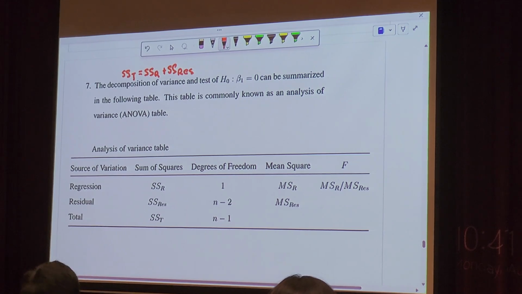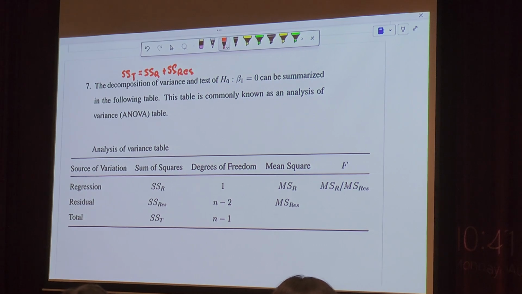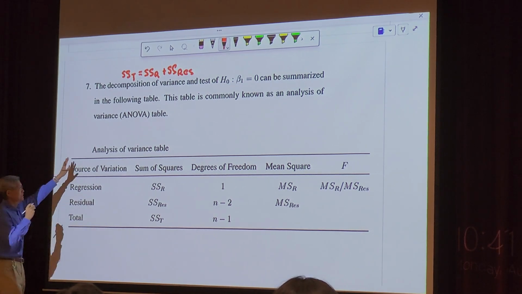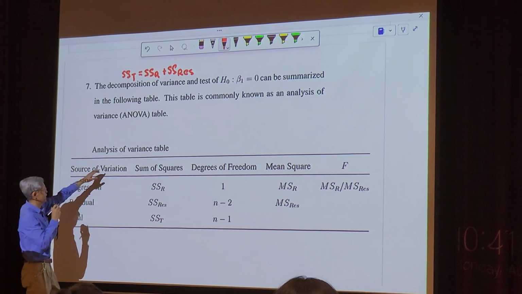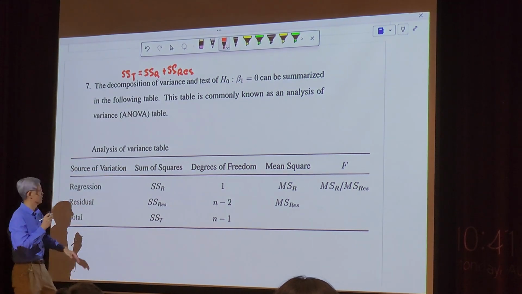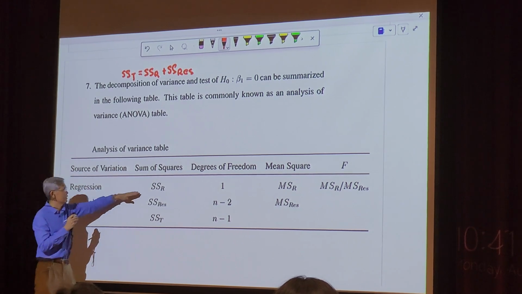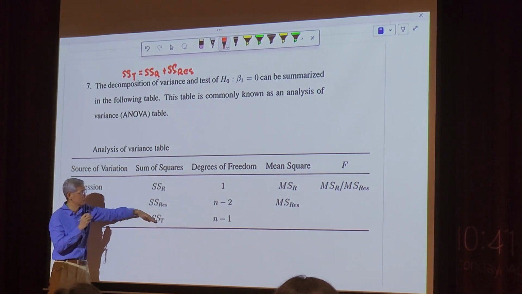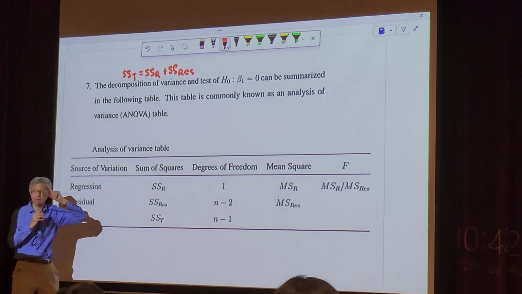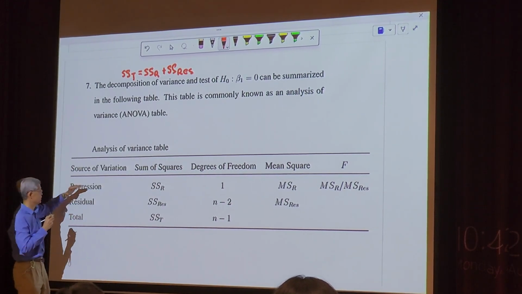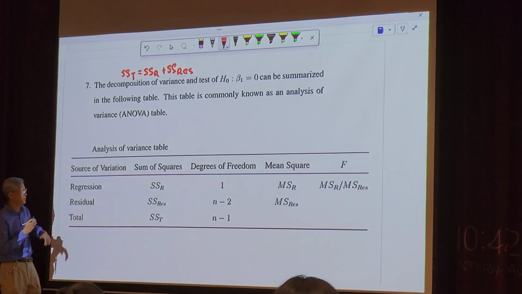This equation shows the decomposition of the total variation in Y. And we show the different variances. Sum of square is the variance. So here's regression, residual, total.